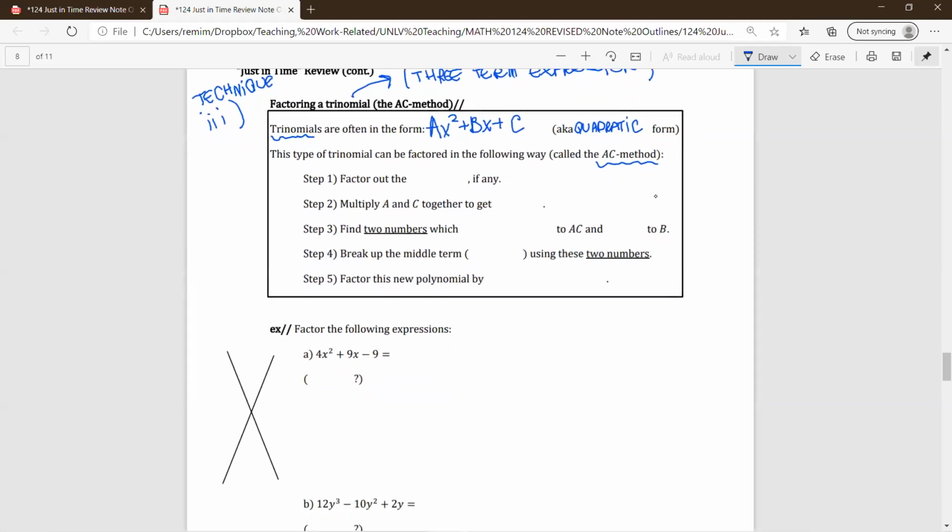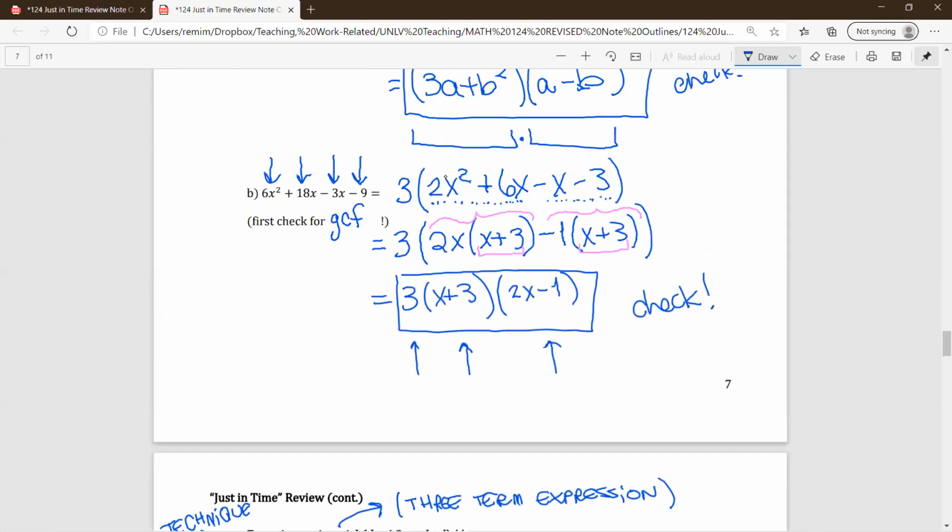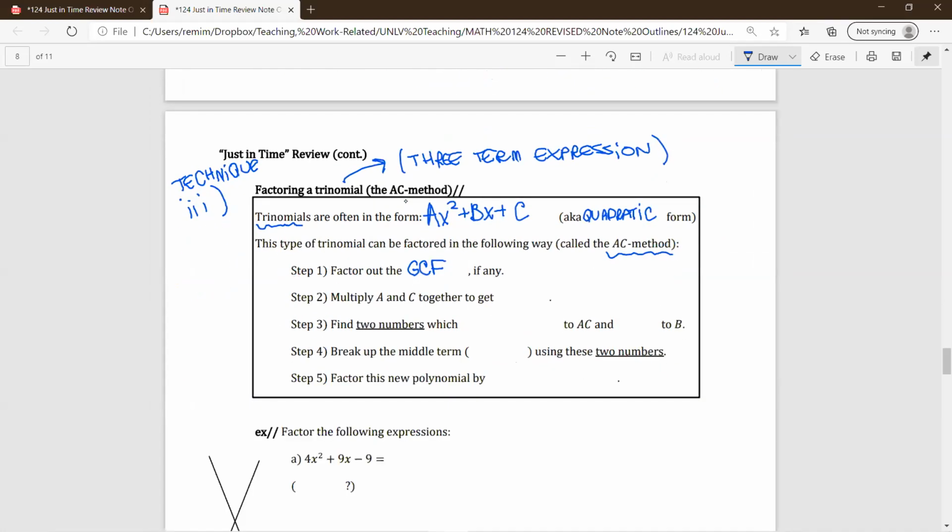So here are the steps for the AC method. Step 1, just like in the last technique, always look for your GCF. Factor that out if there is one. Then the GCF just hangs out in front the whole rest of the time. See, like this 3 did, remember? And you work on the rest of it. So step 2 is you take whatever A is and whatever C is, you multiply those together to get AC.